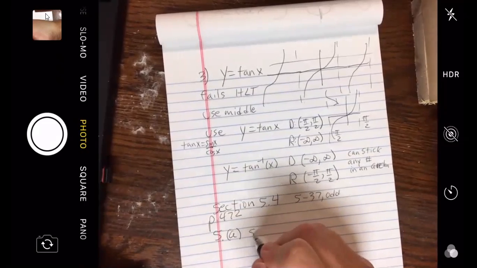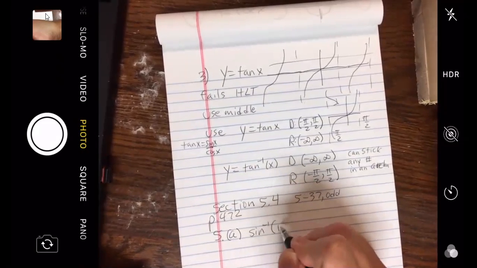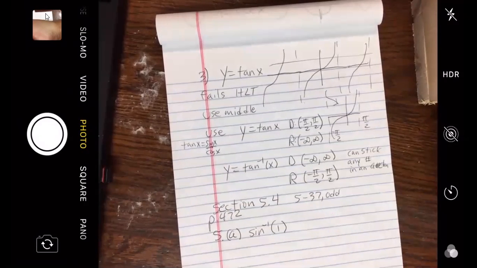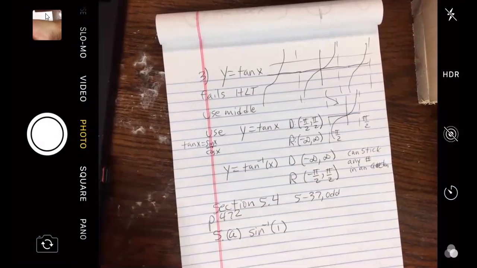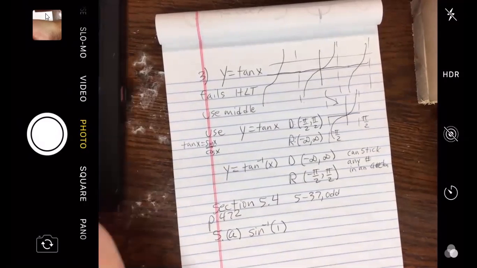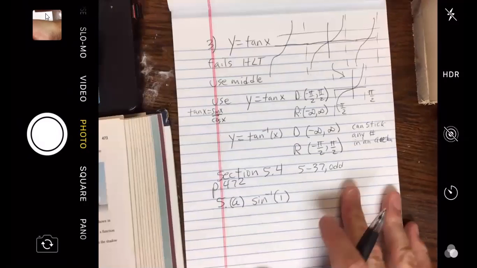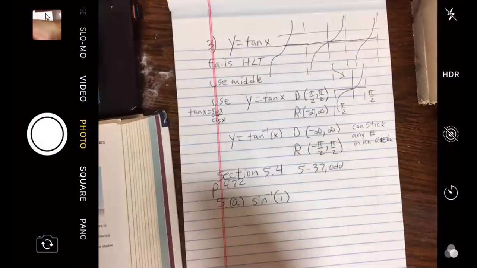Arc sine of 1. Okay, it says express your answer in radians. It says find the exact value. To be honest, you can use your calculator. You're online, you're at home. In the class, I could make you put your calculator away and do it straight. So yeah, you can literally punch this.